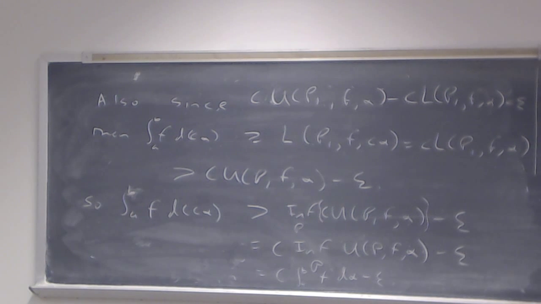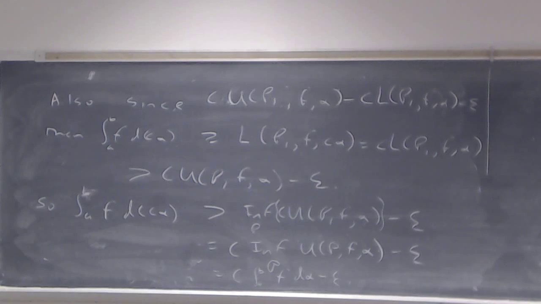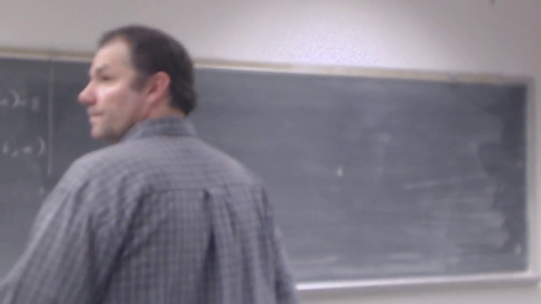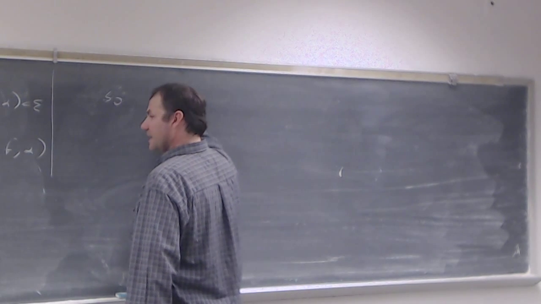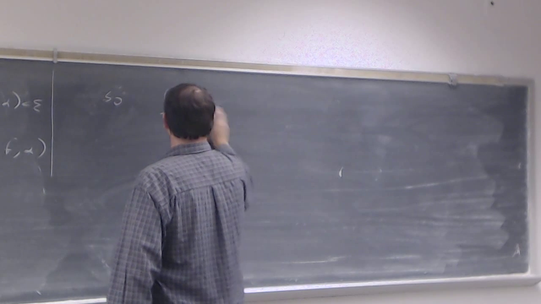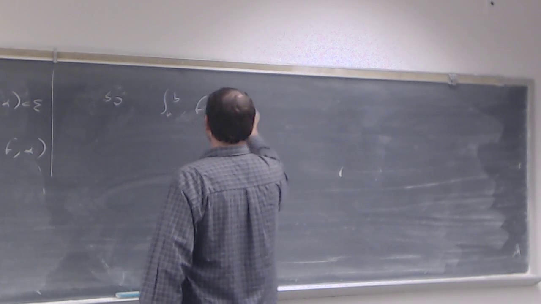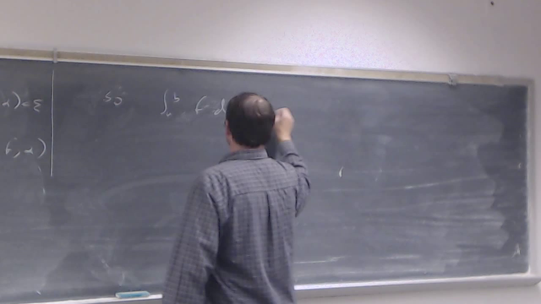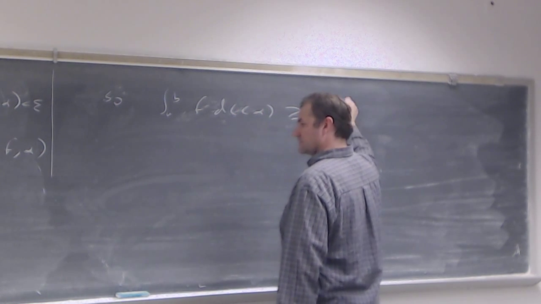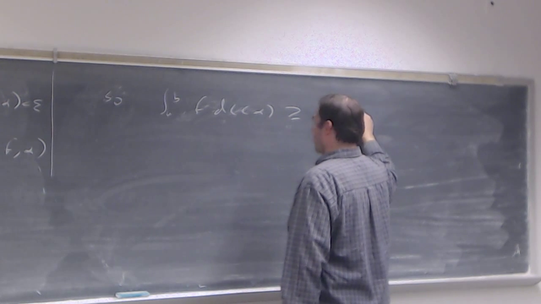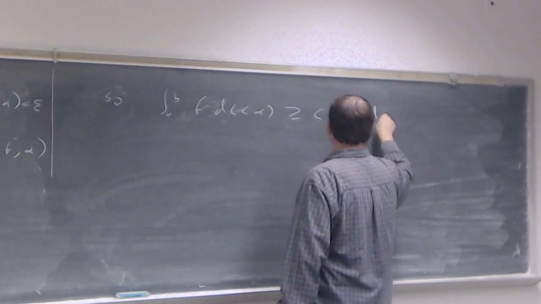So that says that the integral from A to B of F d C alpha is going to be greater than or equal to C times the integral from A to B of F d alpha.